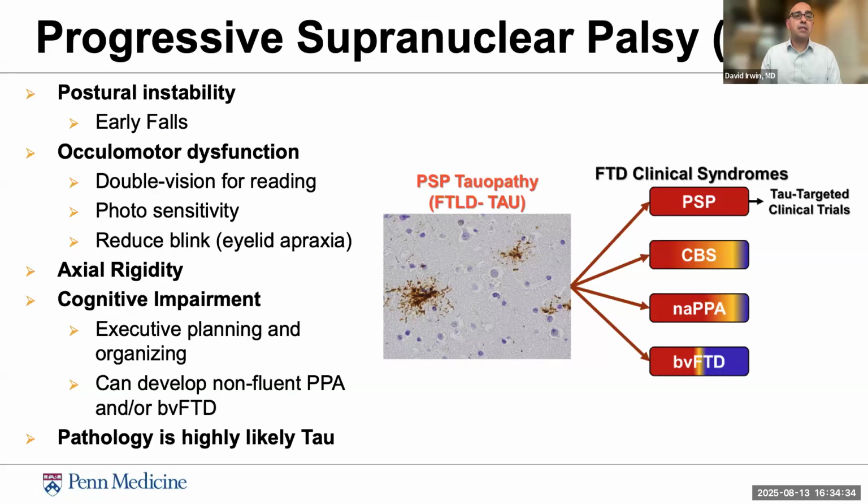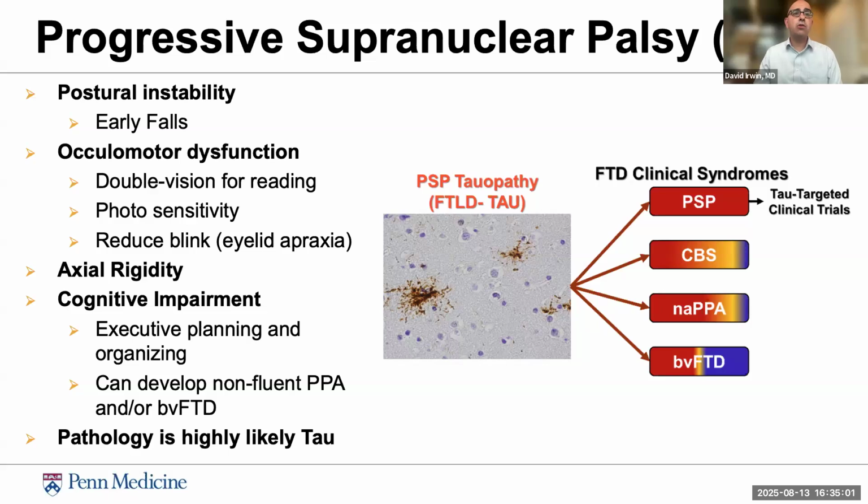And Parkinsonism that's more axial, particularly axial rigidity and retrocollis. The cognitive impairment is usually present early compared to Parkinson's disease and involves frontal and executive type symptoms that we talked about with behavioral variant. Similarly, it can overlap with non-fluent primary progressive aphasia and behavioral variant FTD.